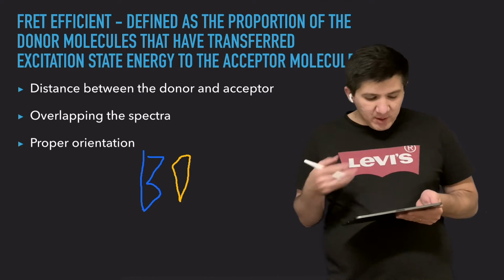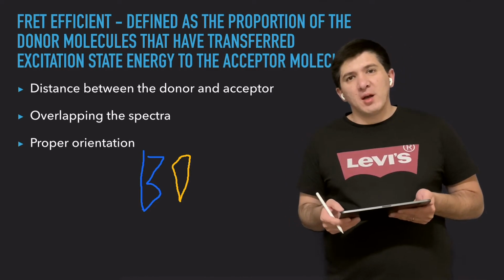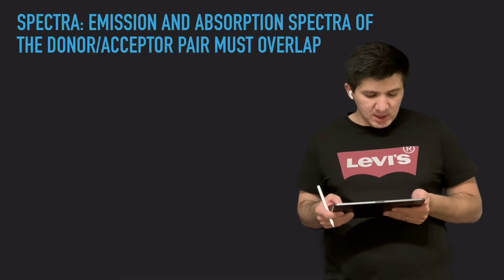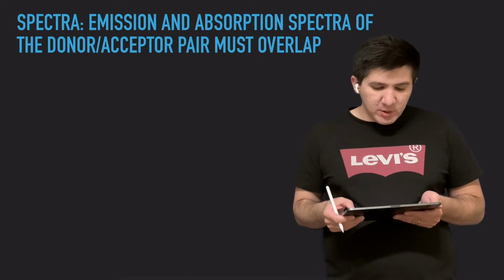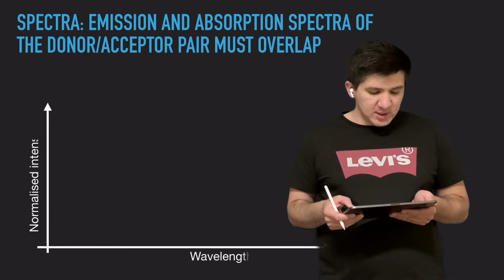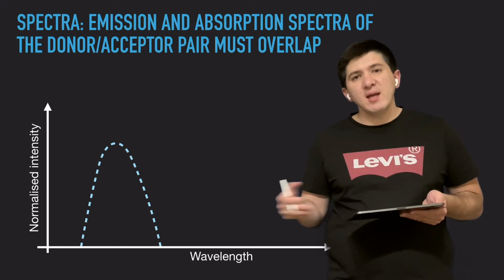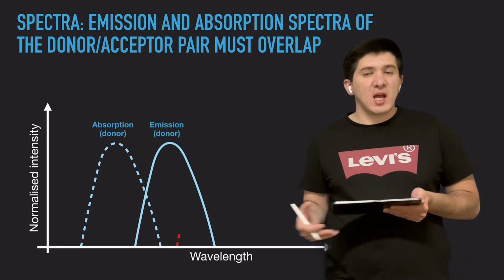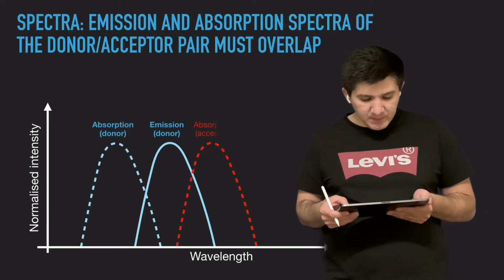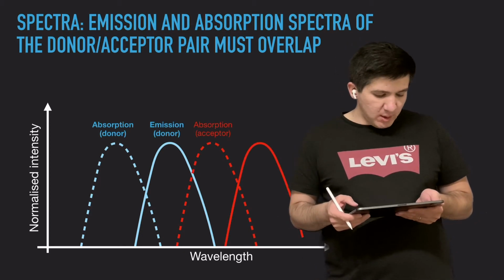So now let's talk about each of these factors in a little bit more detail. The emission and absorption spectrum of the donor and acceptor pair must overlap. What does it mean? We've discussed that every fluorophore has its own excitation spectrum and emission spectrum.